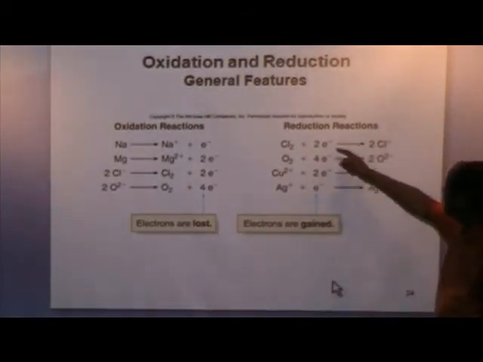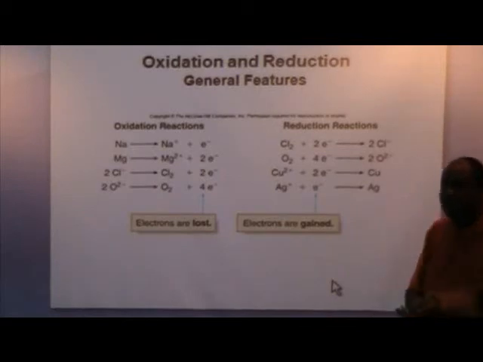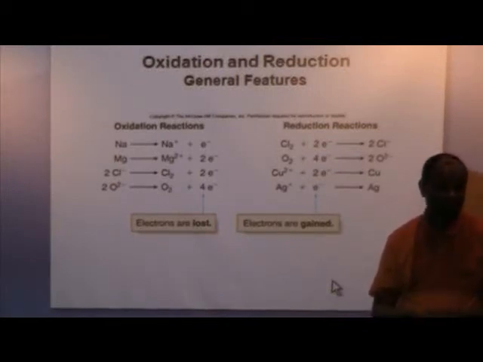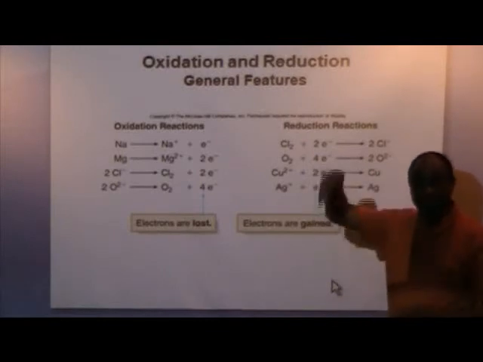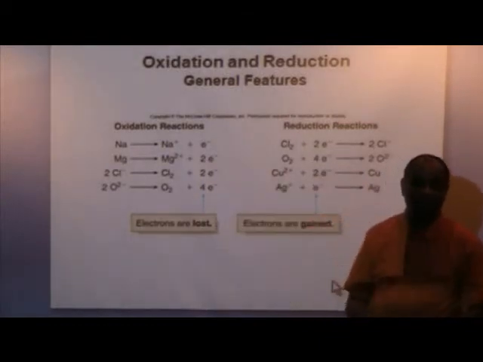Whereas reduction means, you see, one thing that we can tell oxidation and reduction. Reduction is what? Gaining of electron. Think about this way, I don't know if it helps us. Think about endothermic and exothermic reaction. Endothermic is getting into the reactant. Exothermic is out.